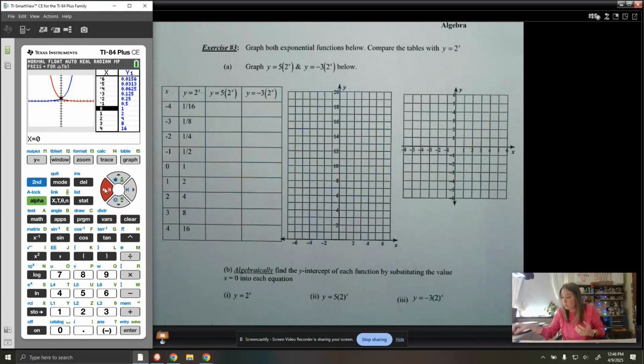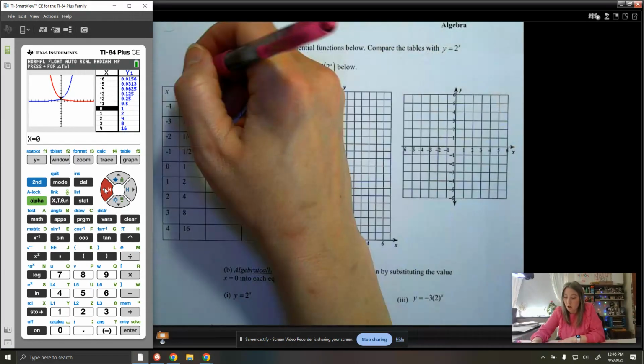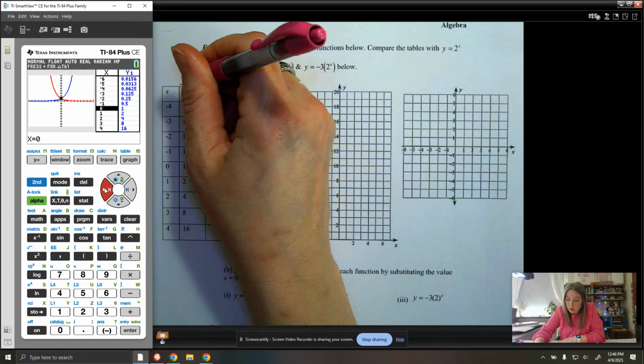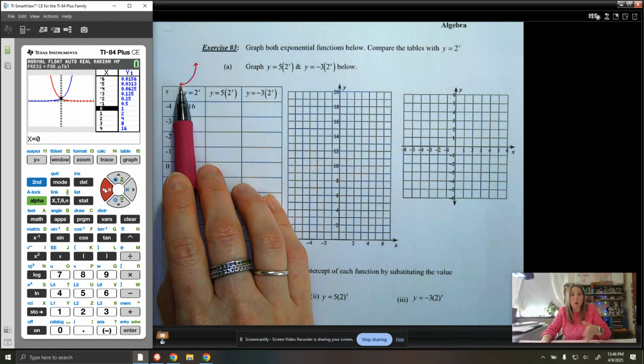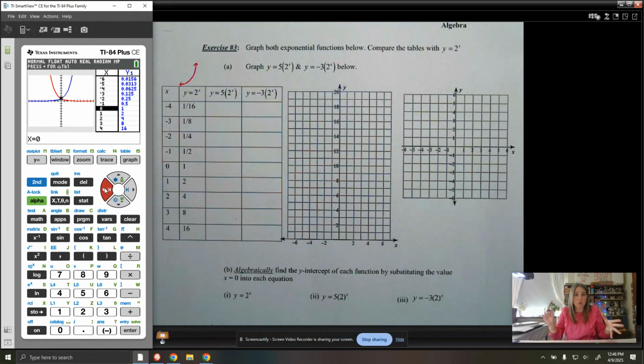Okay, so I'm just going to re-explain what y equals 2 to the x looked like. So again, this function, a basic exponential growth function with an asymptote at y equals 0. Okay, so basic exponential growth.